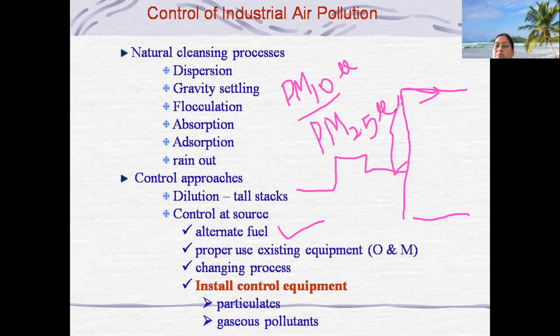Such fine particles are easily inhaled by us and keep depositing in the lungs, and after some time it starts showing ill effects on your health. That is particulate matter. Then gaseous pollutants. These particulate matters are in a crystallized form.